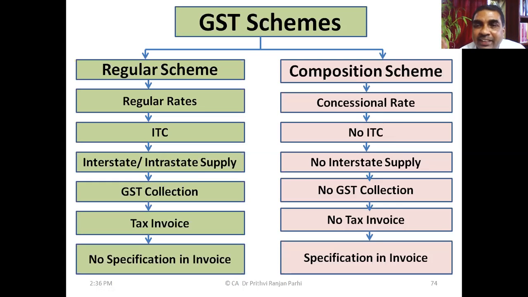He will not be issuing any tax invoice. He may issue a bill of supply, and he has to specify in the invoice that he is a composition scheme supplier and is not eligible to collect GST from the customers. That fact also has to be specified in the bill.